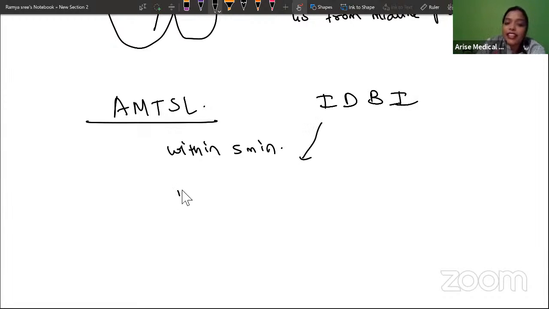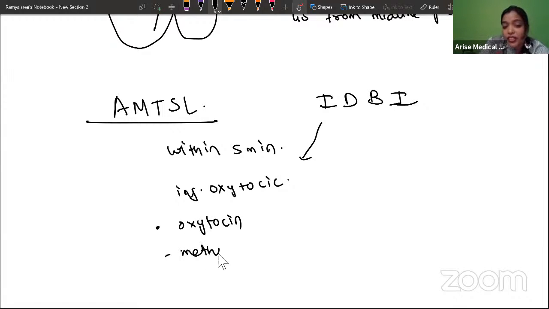So I is injection oxytocin. Why did I write oxytocin? Any drug which contracts the uterus is called oxytocin. So not only oxytocin, any drug which can contract the uterus can be used here. So injection oxytocin is oxytocin 10 international units IM, or you can give methergin 0.2 milligrams IM or IV.